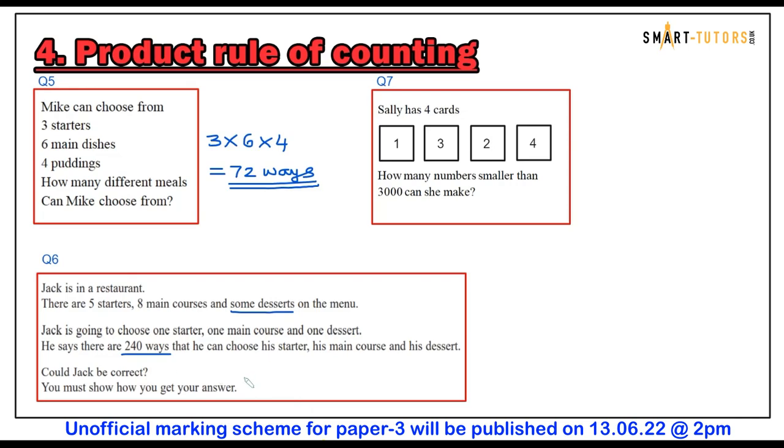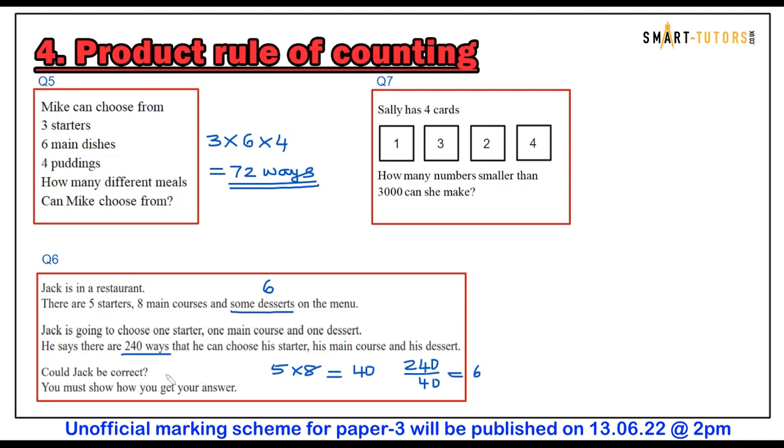So if it is 240 ways, 5 times 8 is 40, right? So I'm going to check the 240 ways Jack is predicting and divide by 40, and the answer 6 is an integer value. So there may be 6 desserts as options.